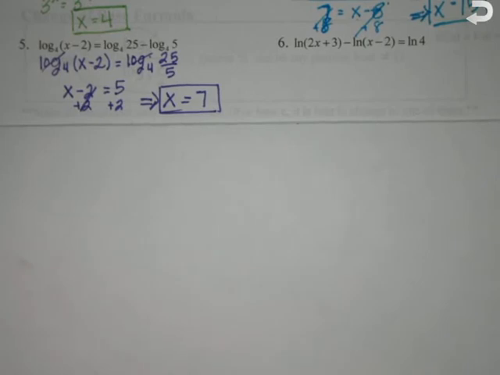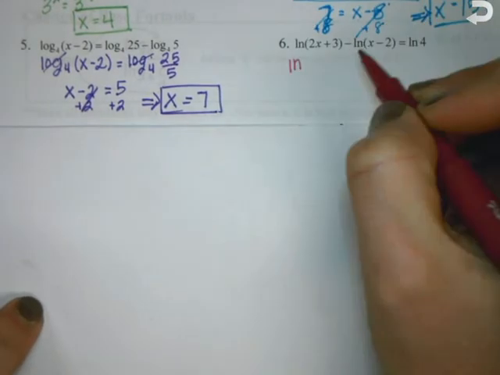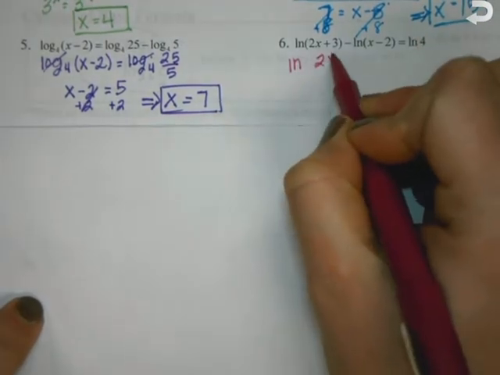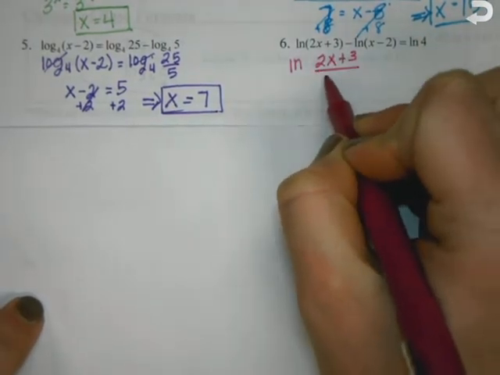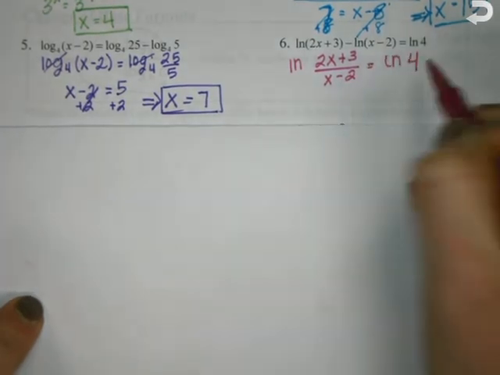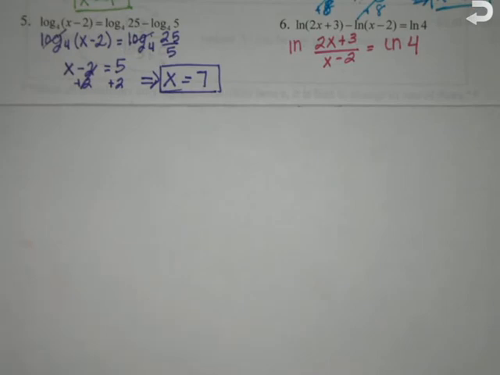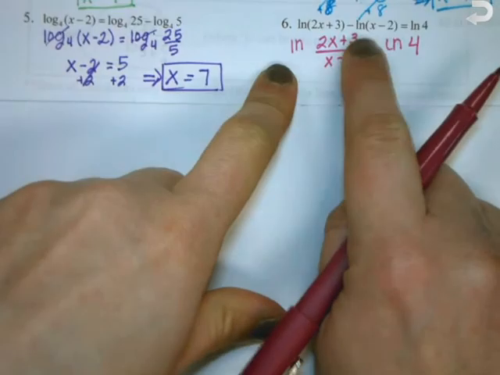So this is going to be natural log of 2x plus 3 all over x minus 2 equals natural log of 4. Alright, so what can I do next? You can cross out the 2 and make it just a 1, right? Well, I have natural log of 2x plus 3 over x minus 2 equals natural log of 4.